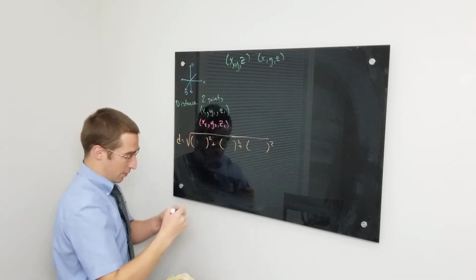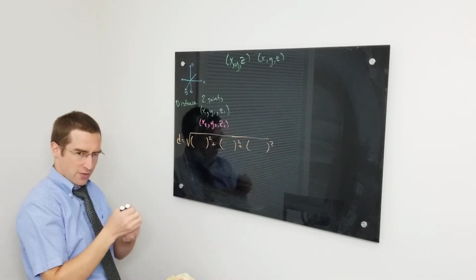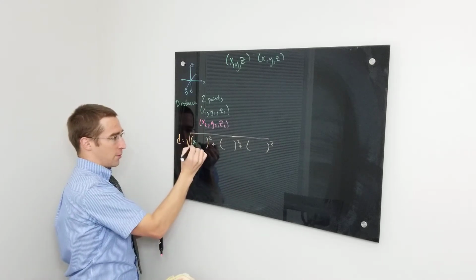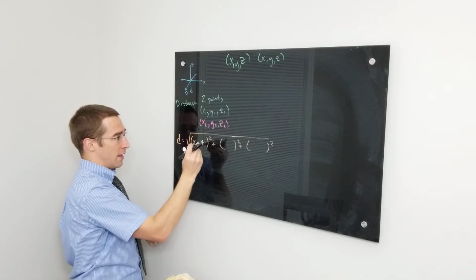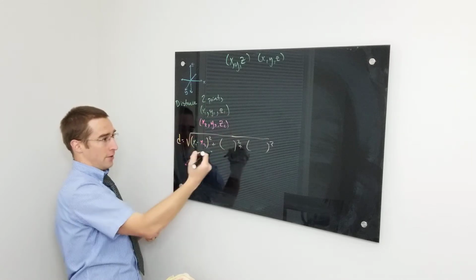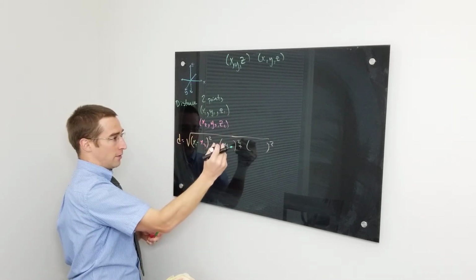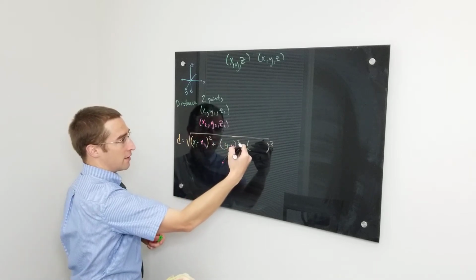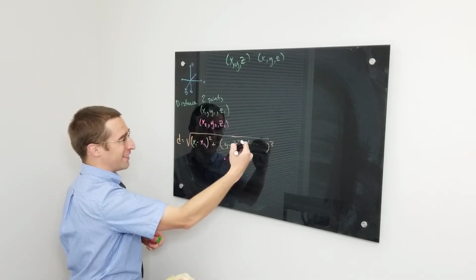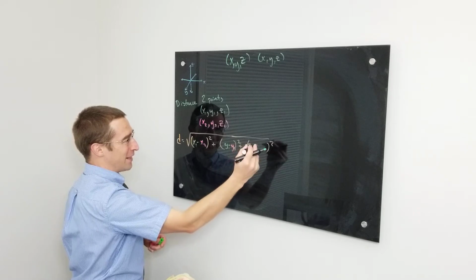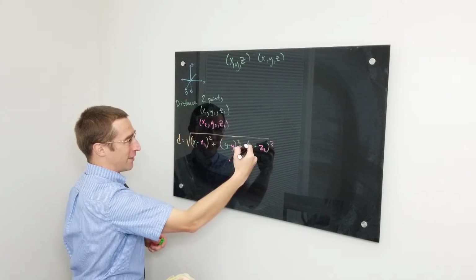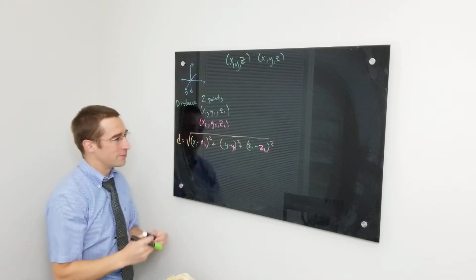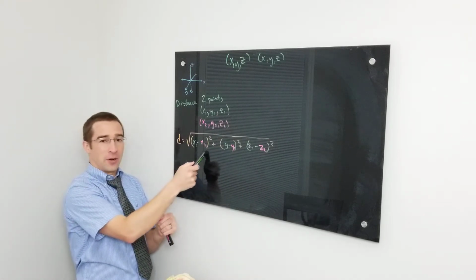The big square root. So basically it's x1 minus x2, y1 minus y2, and z1 minus z2. Basically it's just, how far apart are the x's?